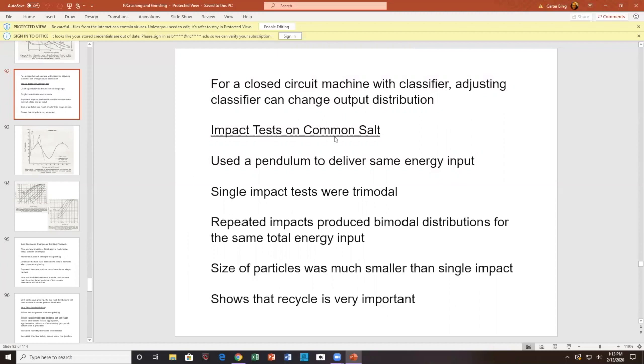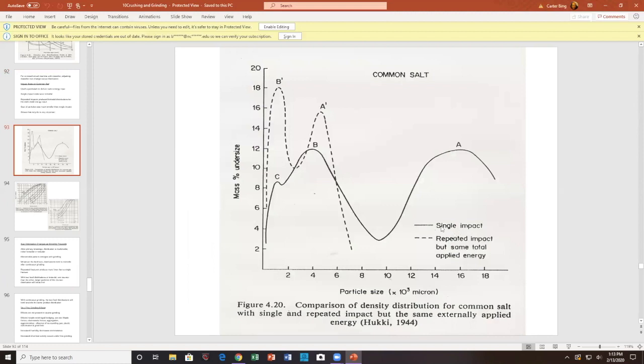So we have impact tests on common salt. That's kind of an interesting thing. We use the pendulum to deliver the same amount of powder. So let's take a look at the results. I have a single impact, and I have repeated impacts, but the same total applied energy. My line for the single impact looks like this, and I see little production of fines.